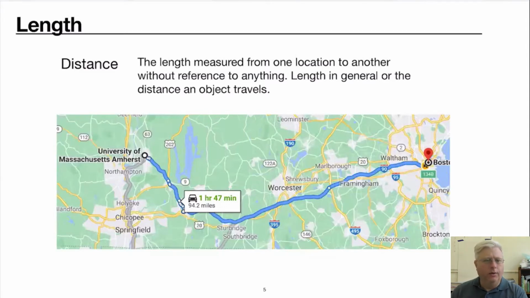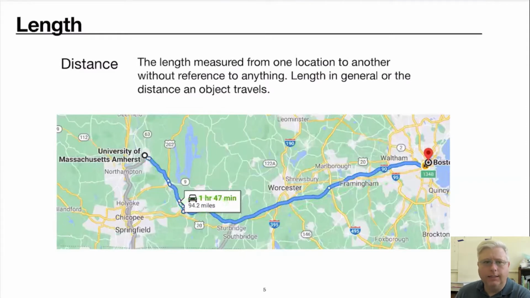And so if you drive from UMass to Boston or Boston to UMass, you might open up Google Maps and it might show you a route like this, saying, okay, this is the quickest route to get there. And it'll tell you, hey, it's 94.2 miles.